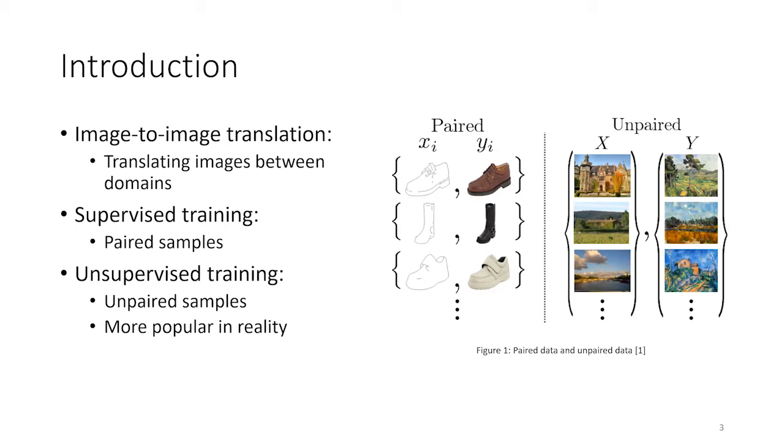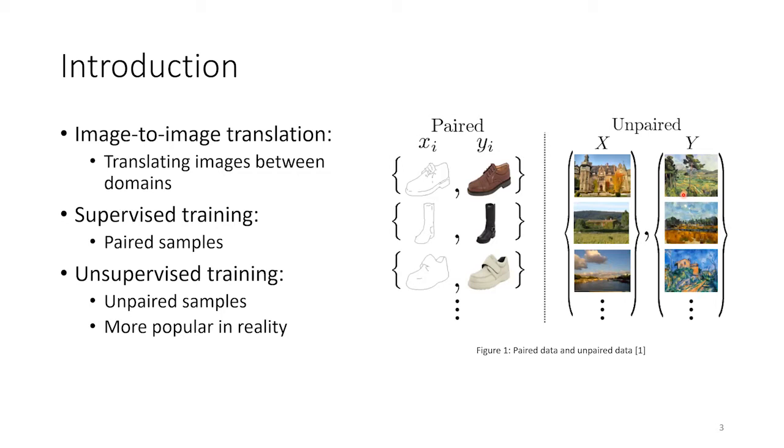For example, as you can see from the image here, you can translate from drawings to color images, or you can translate from real photos captured by cameras to some beautiful paintings.